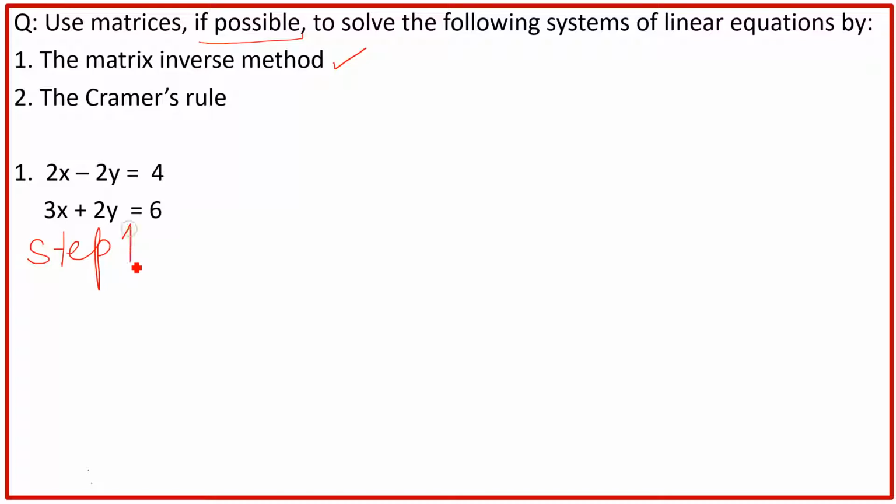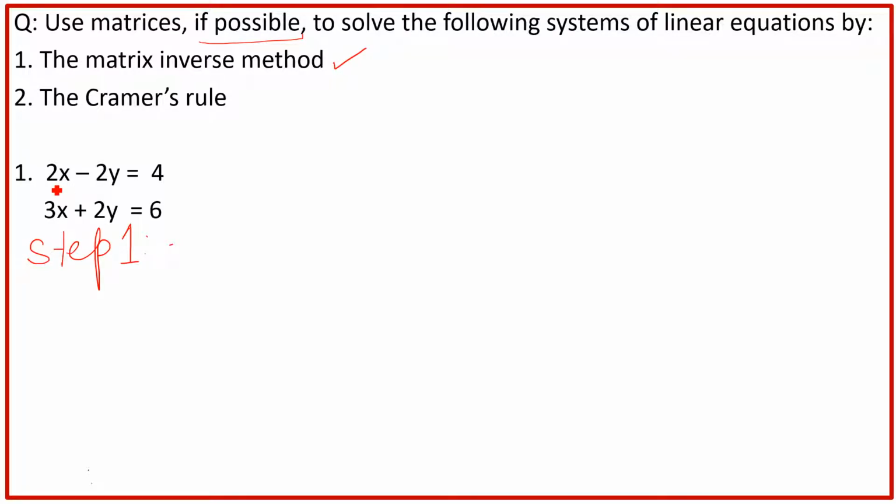Step number one is we will write down the matrix with the help of these equations. This is called the coefficient matrix. Coefficient matrix means, see, 2x minus 2y: x is the variable, y is the variable, and with the variable x we have 2.